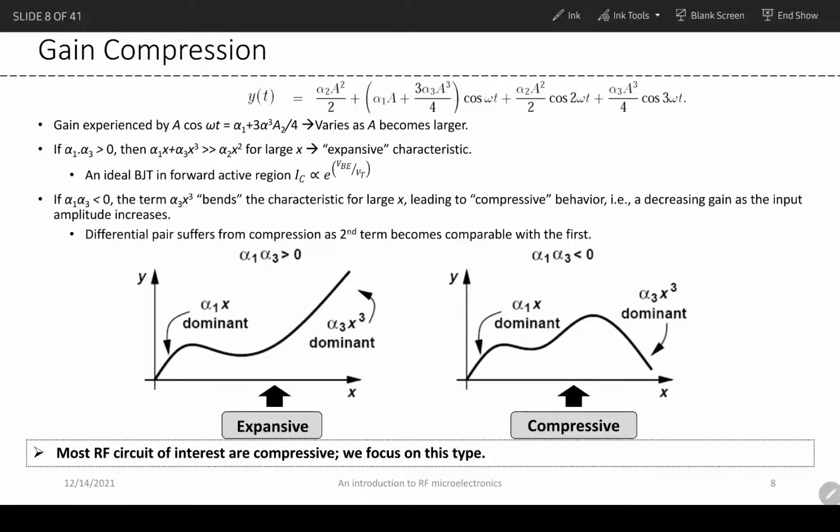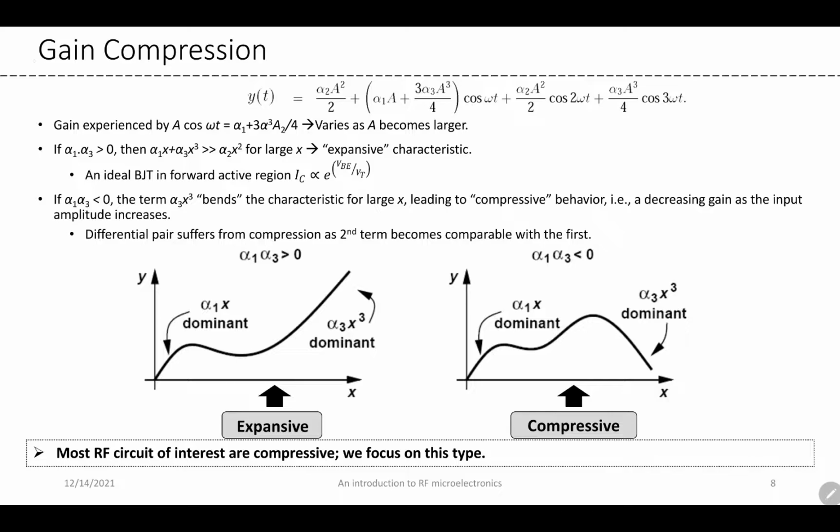Continuing our discussion on nonlinearities in RF systems, the next topic we're going to discuss is gain compression. So what is gain compression? Now, if we look at the response we talked about for a third order nonlinear system, we saw it was something like this.